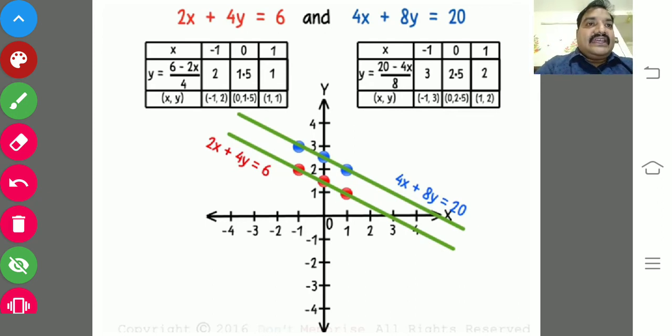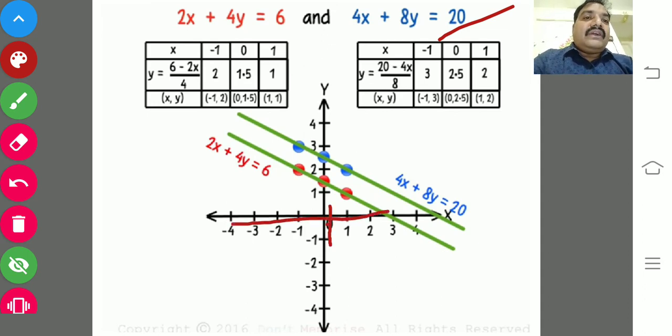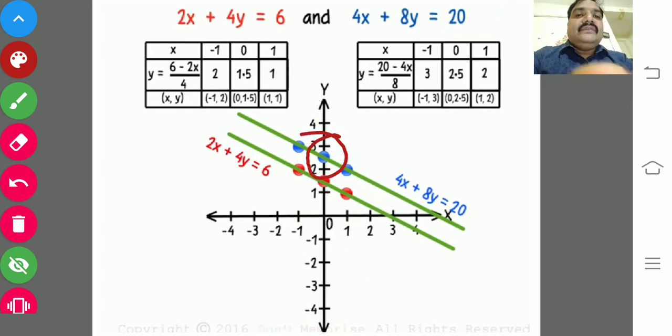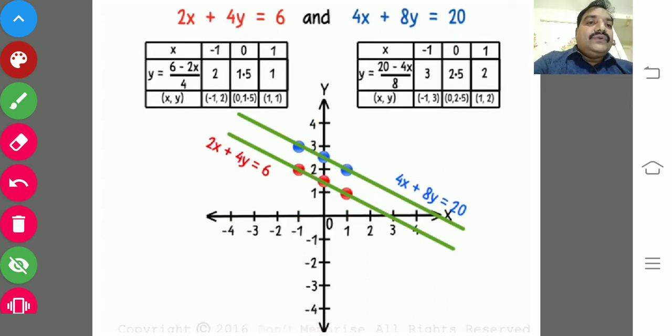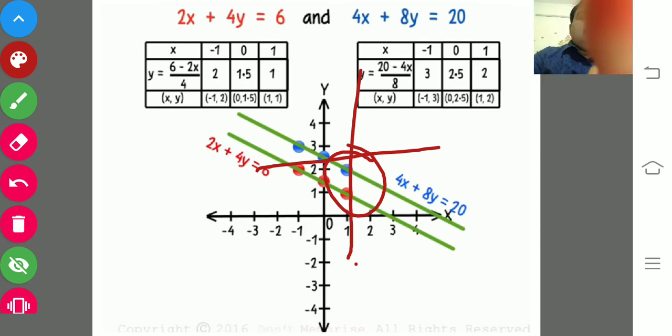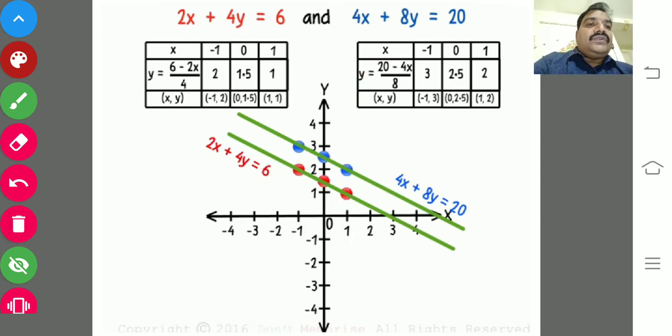And the next one is 4x plus 8y equal to 20. The first ordered pair is 0, 2.5. Where is 0? Here on the x-axis, and on the y-axis 2.5 is here. This is the point. Next 1 and 2. On the x-axis 1 is here, on the y-axis 2 is here. So we have plotted 1 comma 2, and the next one is minus 1, 3.